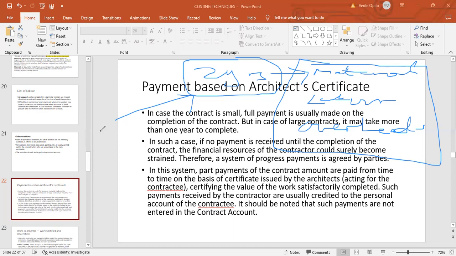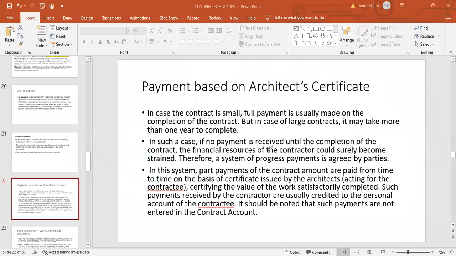Let's say when you complete 30% of the project, we pay you, or when you complete 50% of the project, we pay you. But what is paid is based on the work that is satisfied by the client's engineers and or the client's architects. The client will have a professional come in and look at the project.